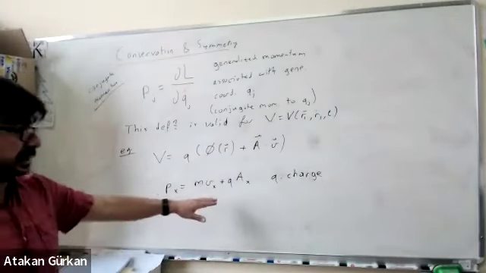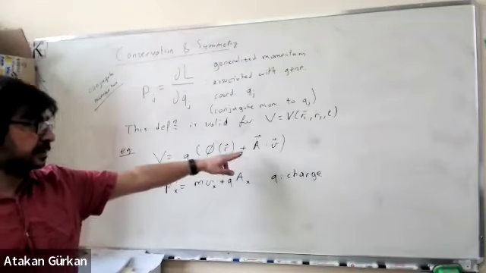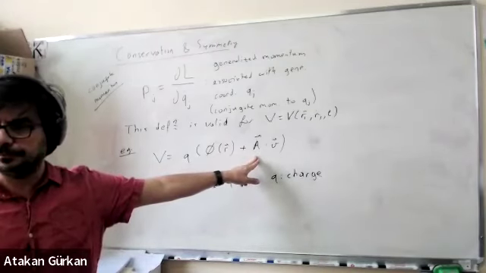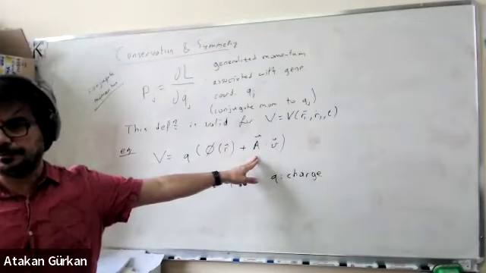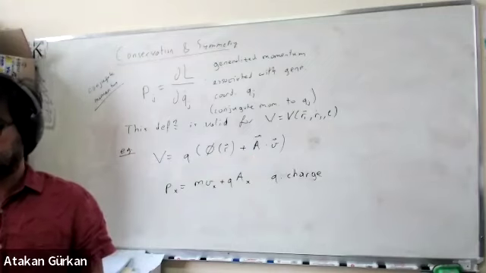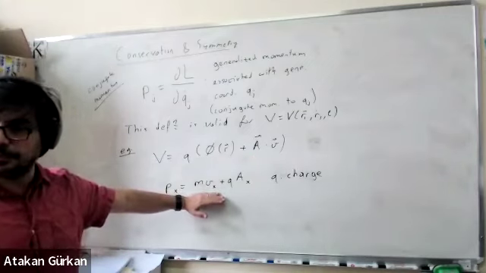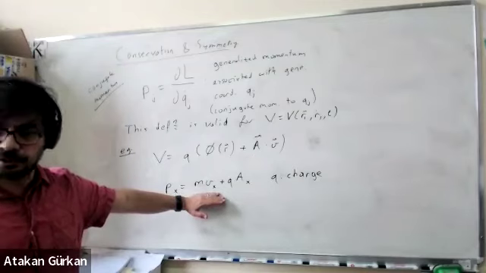You get some expression, and this expression actually resolves the dilemma we had before. Right? The magnetic forces, which are of course present in presence of a vector potential, do not obey the action and reaction principle. And action and reaction principle kind of goes hand in hand with conservation of momentum. Now, this momentum is not conserved. m times v_x, the linear mechanical momentum, is not conserved, but this one is.